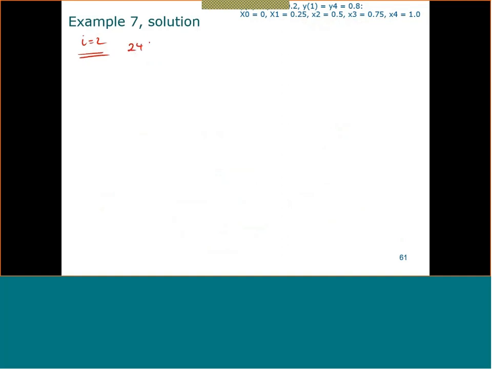It becomes 24y3 minus 39y2 plus 16y1 equal to x2 squared. I don't know y1, y2, or y3, but I know x2 squared, where x2 is 0.5, so this becomes 0.5 squared, equal to 0.25. So now I have my second equation.